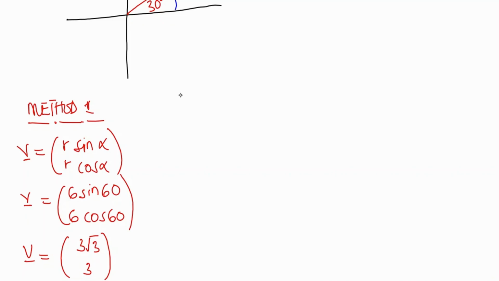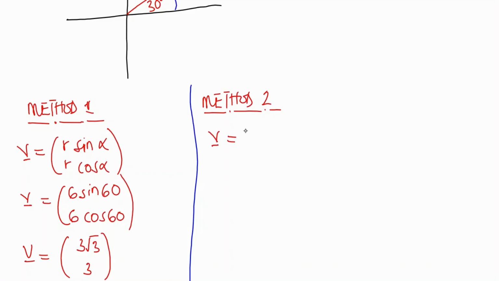Now we can also consider method 2. Method 2 is when we consider the angle the vector makes with the x-axis. For that one too, we said the vector V is given by R, but with this R, we consider cos first.